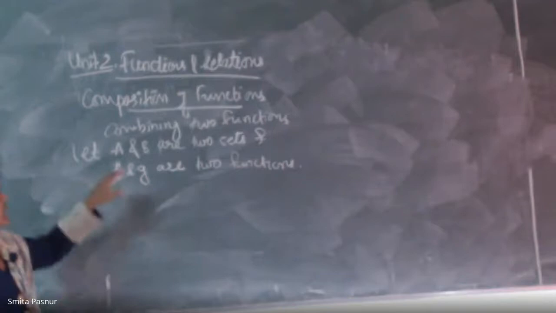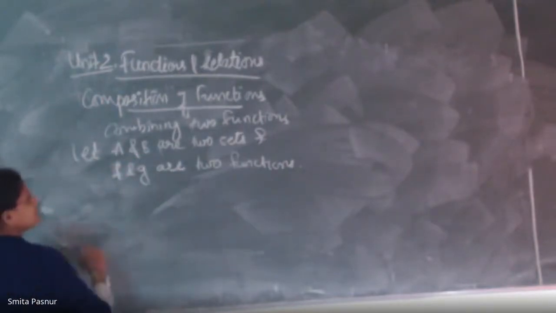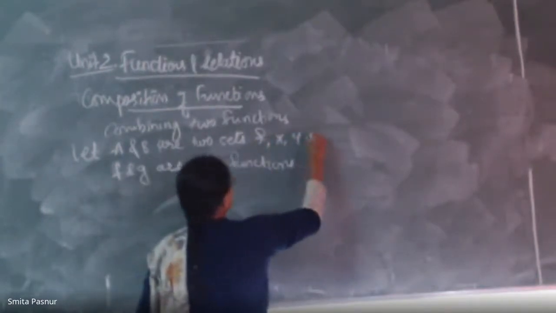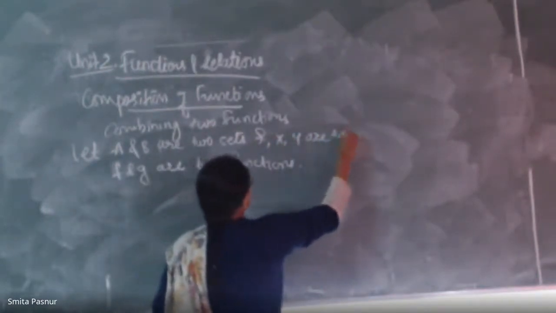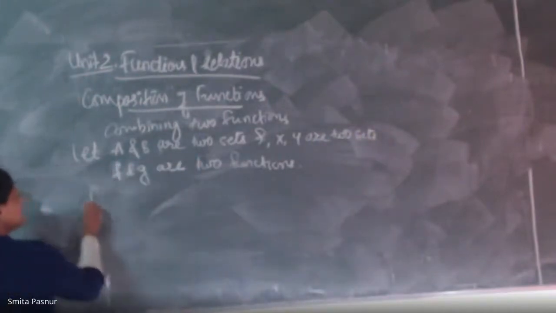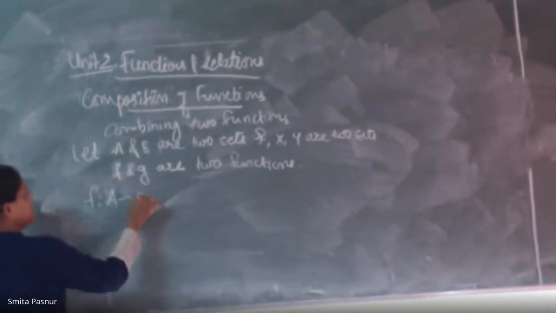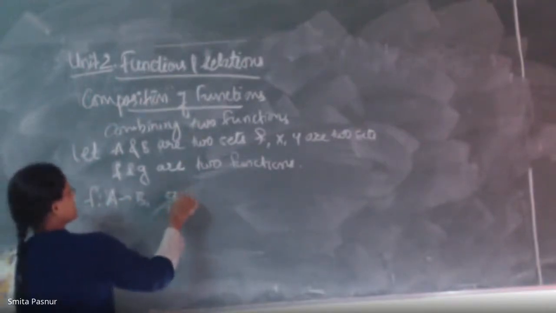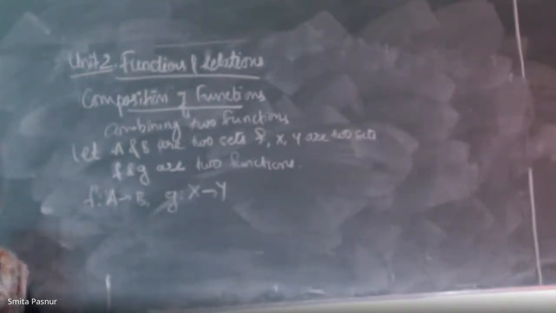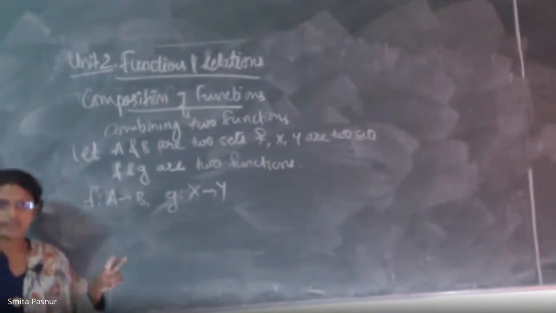Similarly, X and Y are two sets. Then F is a function which exists from A to B, and G is a function which exists from X to Y. Got it? So F and G are two functions.